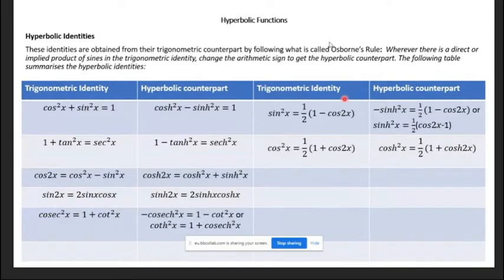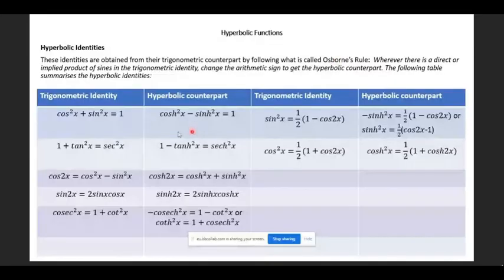Now, we have what we call hyperbolic identities. The hyperbolic identities can always be obtained using Osborne's rule. The trigonometric identity is the one that says cos squared plus sine squared is equal to 1.